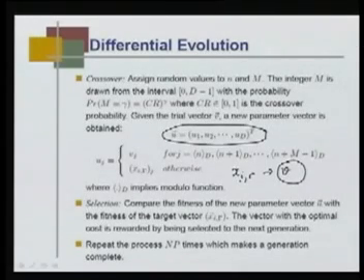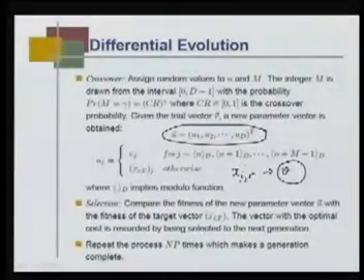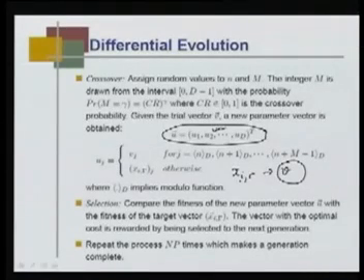The objective is a very probabilistic way of mixing the elements of v, the target trial vector, and the target vector in such a way to create a new solution vector. So, the new solution vector is obtained by the crossover between the original target vector and the trial vector.